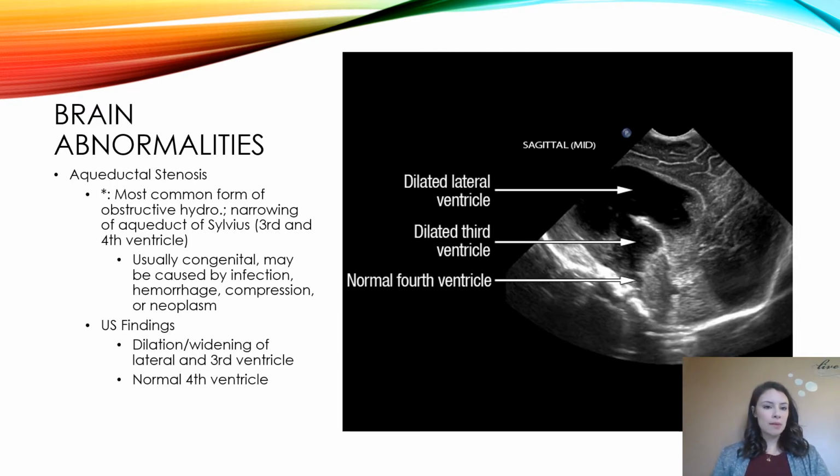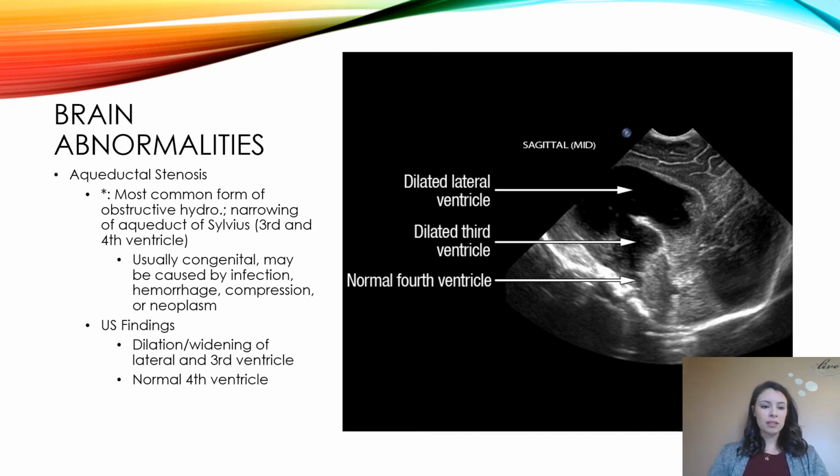The last brain abnormality is aqueductal stenosis, and this is the most common form of obstructive hydrocephalus, and this is caused by the narrowing of the aqueduct of Sylvius, and that's the communication of the third and fourth ventricle. It's usually congenital, but it may be caused by infection, hemorrhage, compression, or tumor.